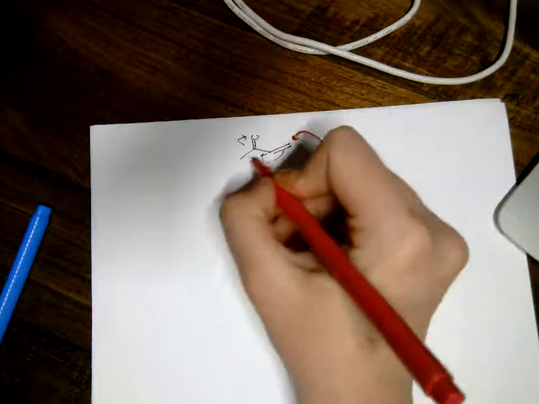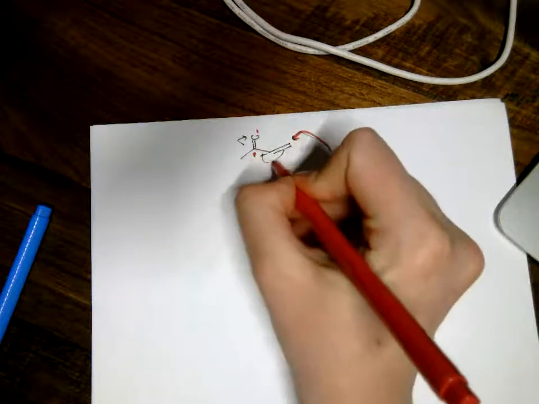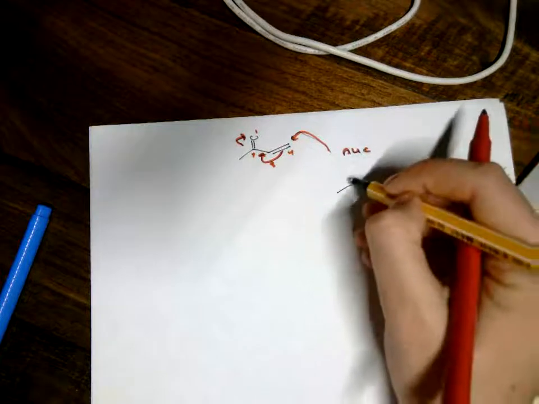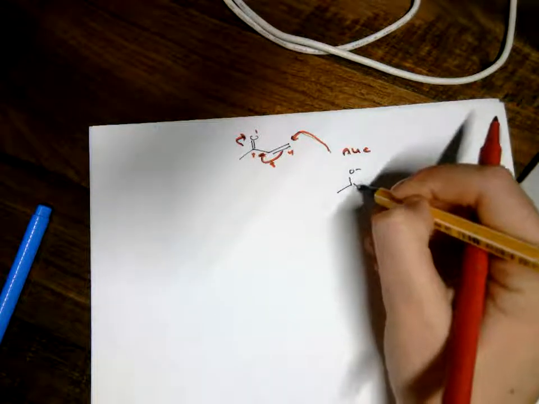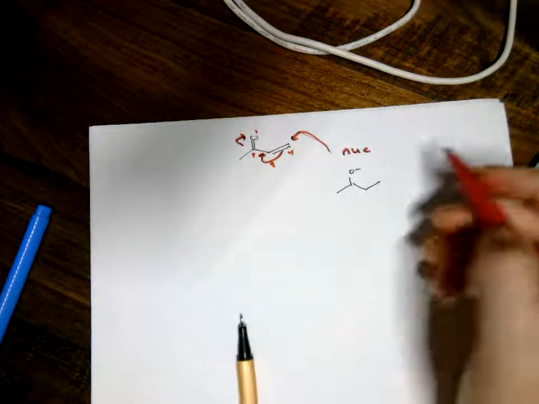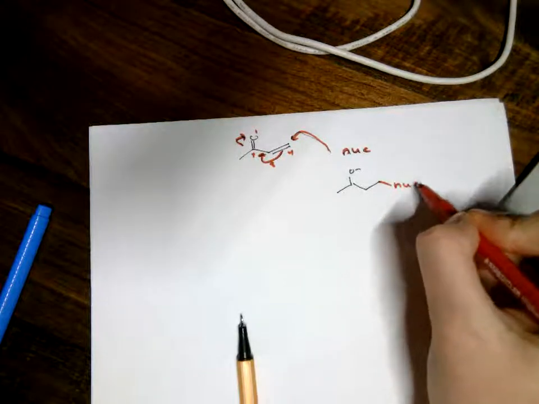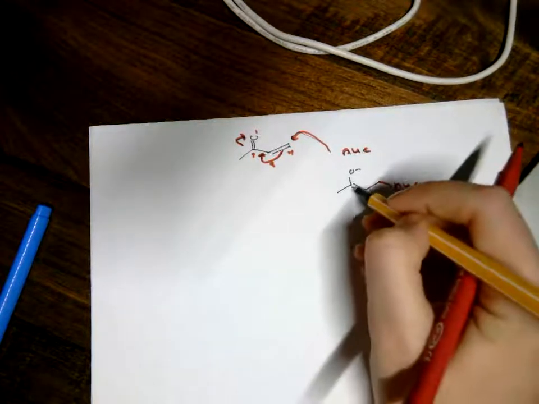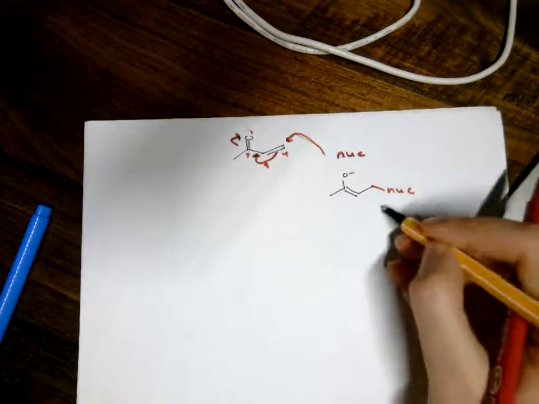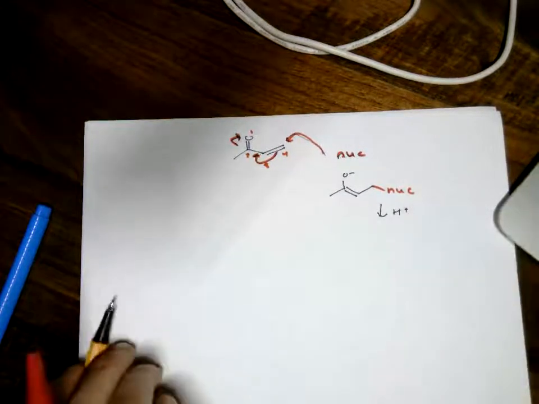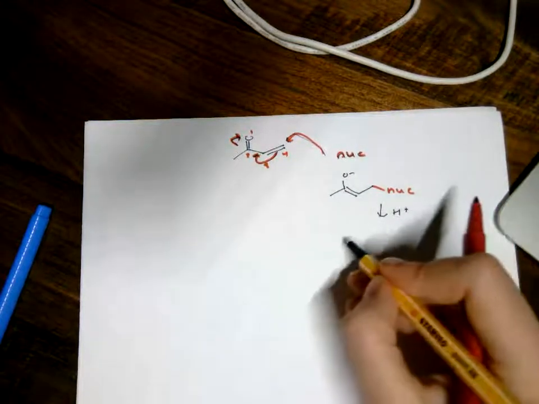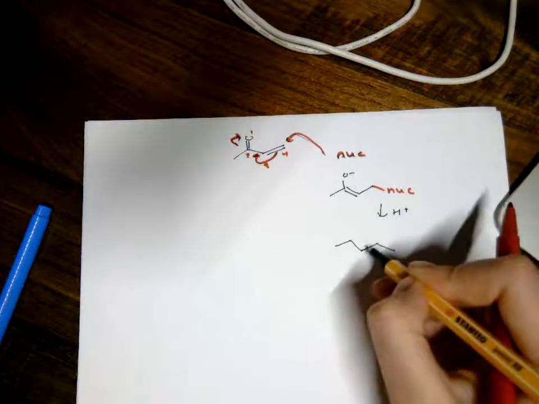Nucleophile attacks here at the 1, 2, 3, 4 position. This moves over and this kicks up. So then you end up with your nucleophile has gone here and this double bond has shifted over. And then we'll add acid. And that's where your 1 addition comes in.